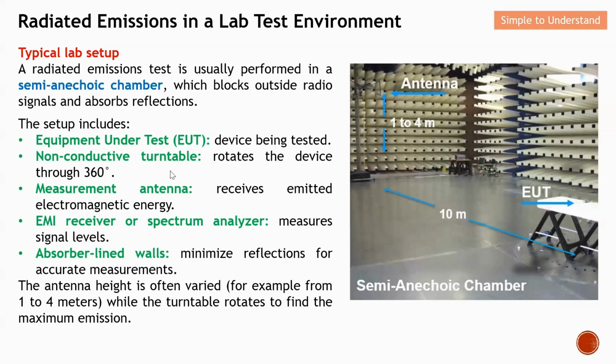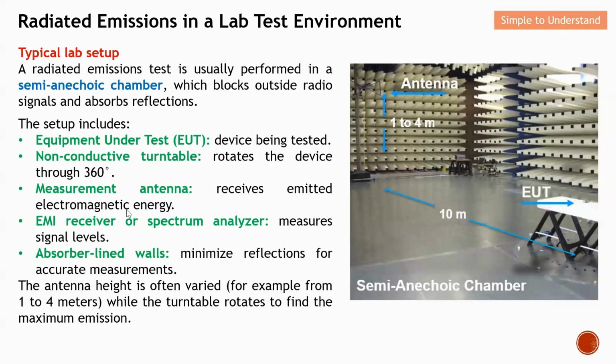Next, the measurement antenna receives the EM wave. You put your device over here, and you can imagine it releases electromagnetic energy. This is the antenna, which picks up the electromagnetic wave released by your DUT.